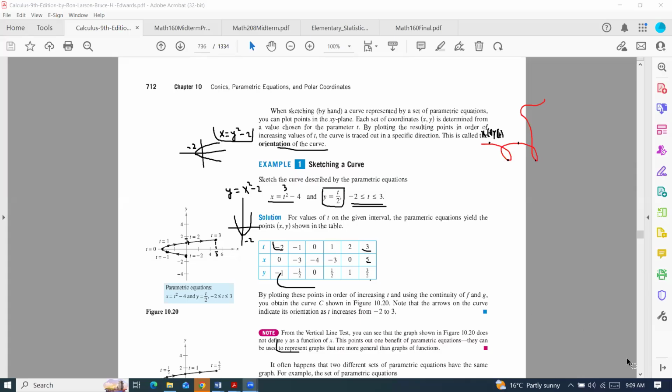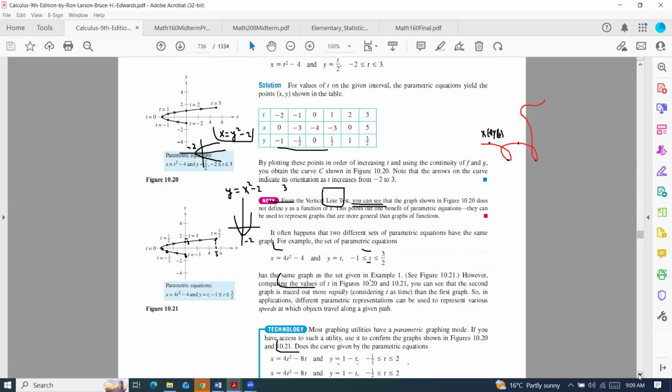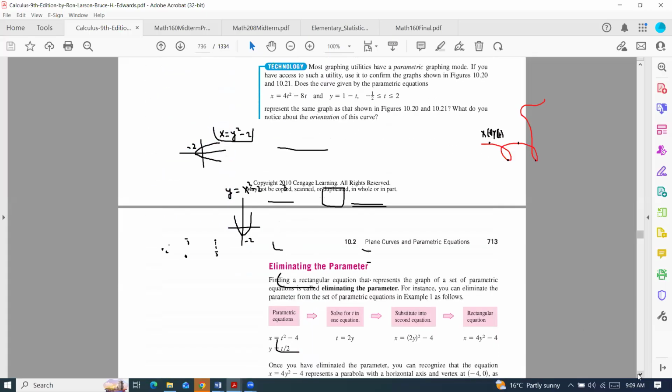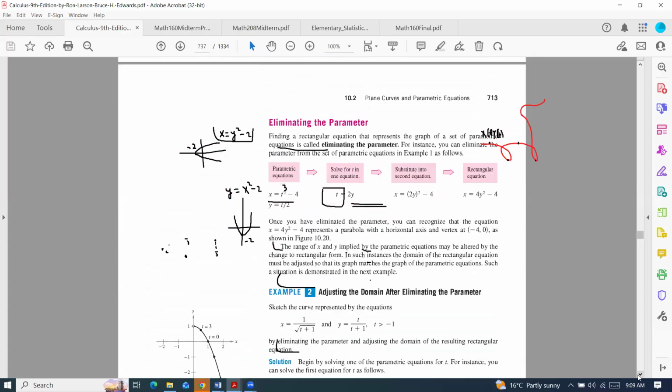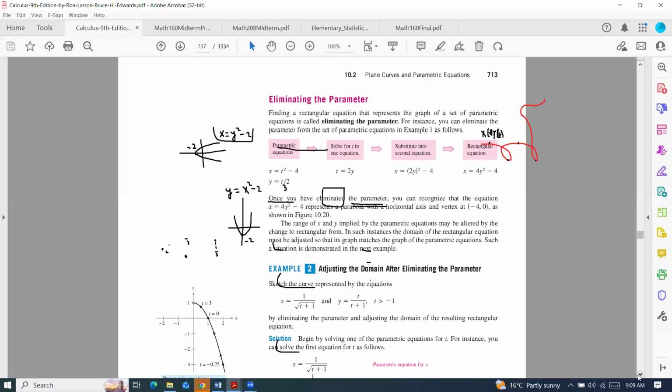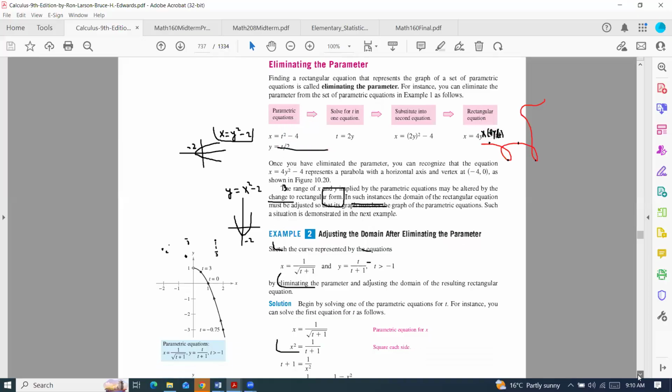So anyways, this section is just showing you a few examples where they want you to start to get used to this, and basically you can parameterize various functions differently.